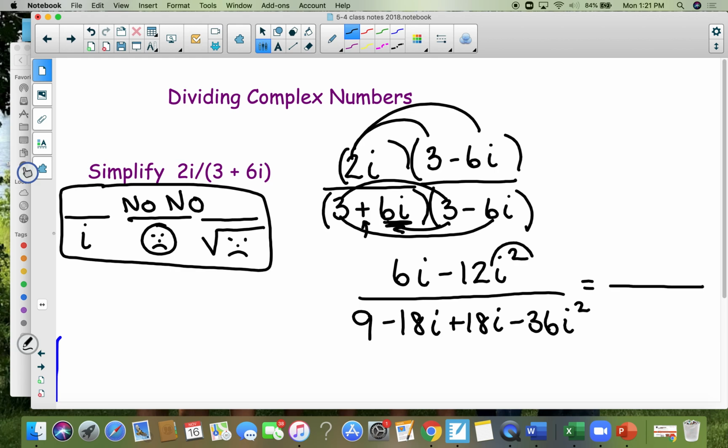I squared, remember, equals a negative 1, so a negative 1 and a negative 12 equals a positive 12 plus 6i for the top. The bottom, the negative 18i and that positive 18i cancels out. Remember that this makes a negative 1. A negative 1 times a negative 36 is equal to a positive 36. A positive 36 and 9 is 45.